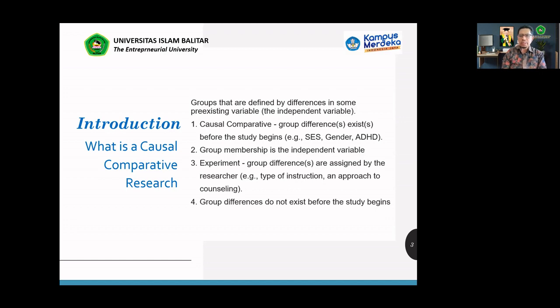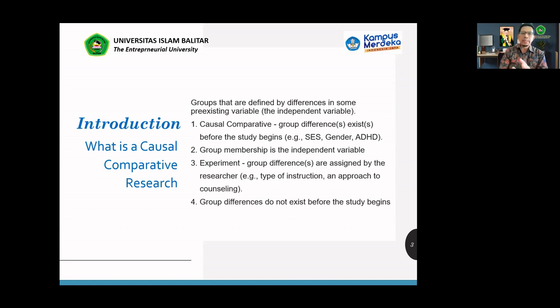For example, variables like socioeconomic status or SES, gender, or ADHD, attention deficit hyperactivity disorder.